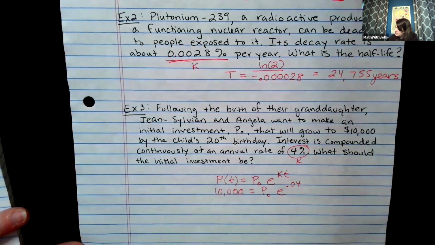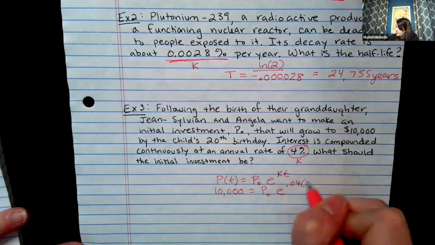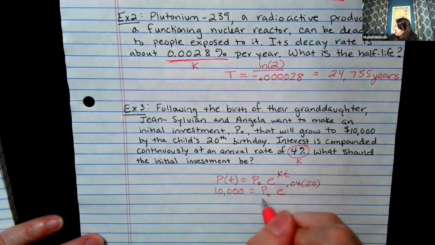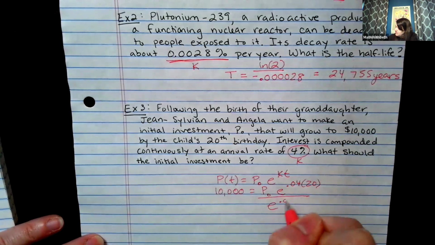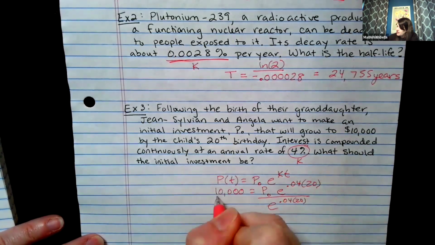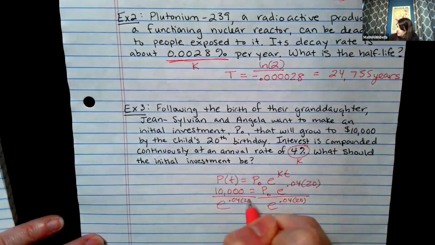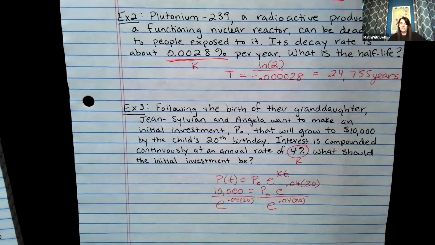And they gave us the t because they said they want this to happen by the 20th birthday. So to solve, we just need to divide both sides by e raised to all of this. So you just got to make sure you do that carefully.